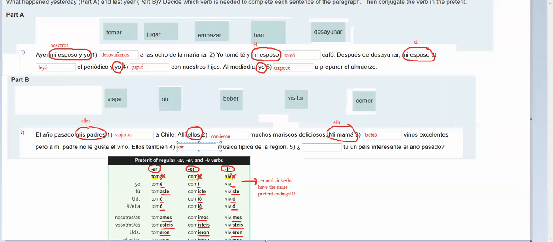Okay, and who is doing that listening? They were.